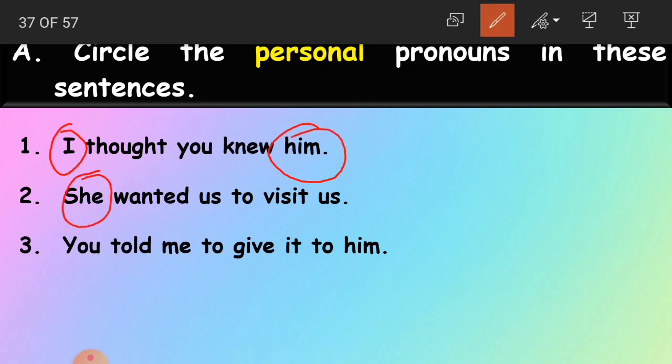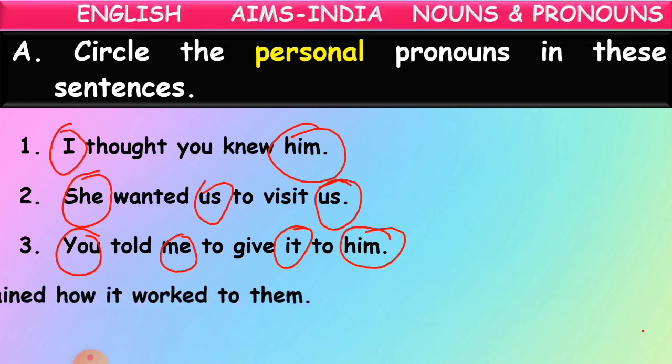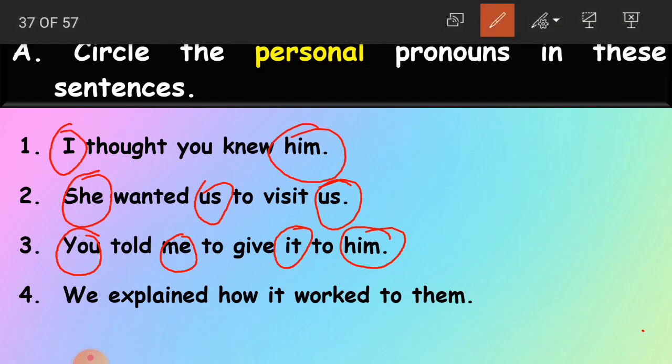She wanted us to visit us. You told me to give it to him. See how many personal pronouns we got. And the fourth sentence, we explained. We is a personal pronoun.